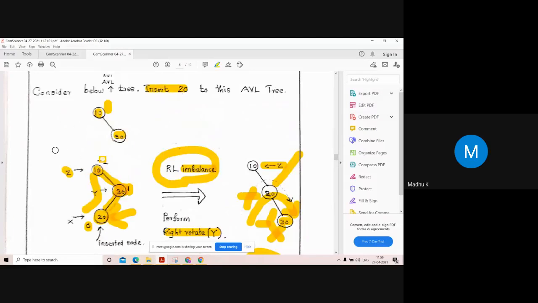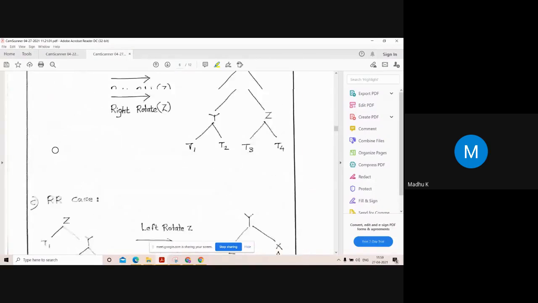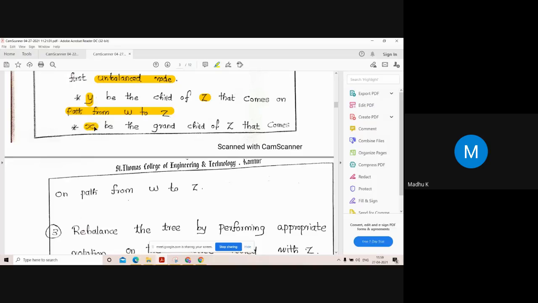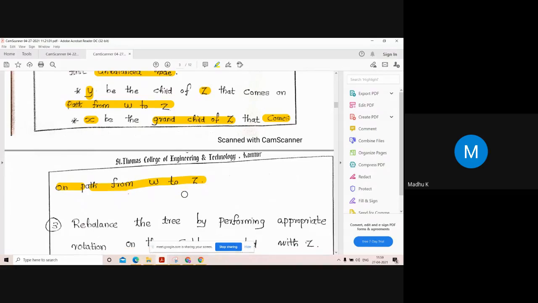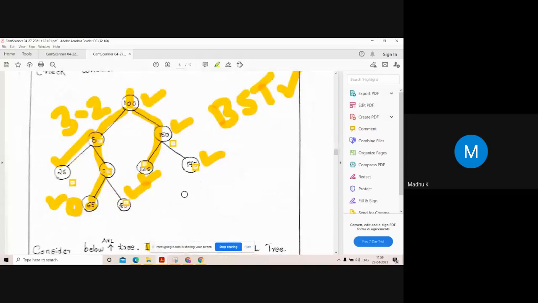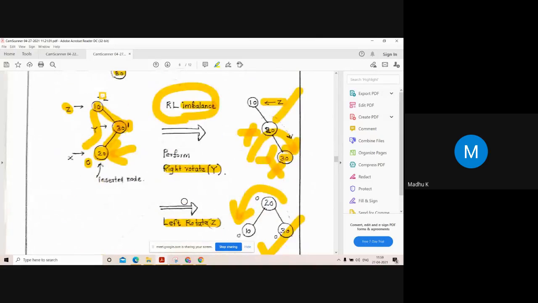Similarly, next I want to find out X. Similarly, find out X. X is the grandchild of Z that comes on the path from W to Z. So this path is very important because this is the path we are following.